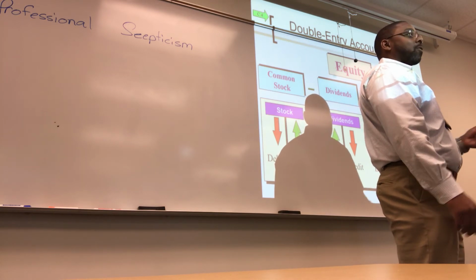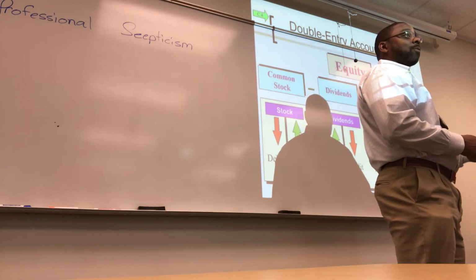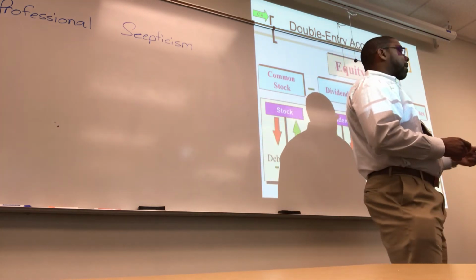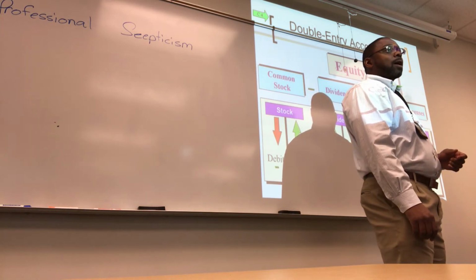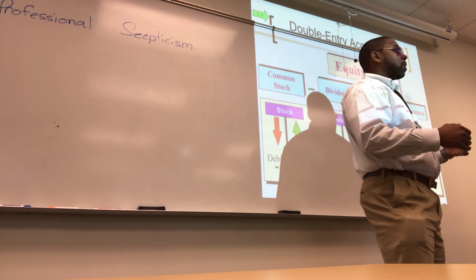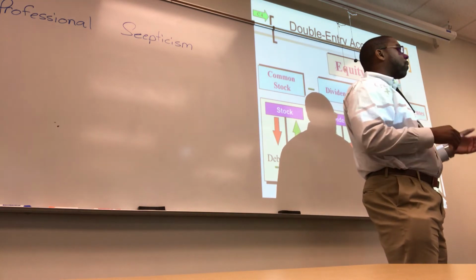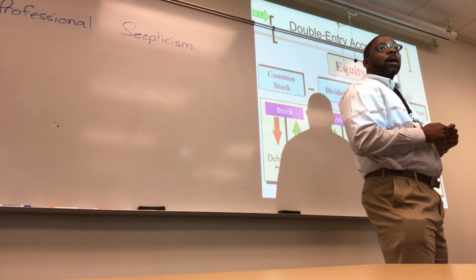He's got to give it to me, right? Everyone with me so far? Robertson has to give me the capital in order for it to be common stock. Can I give him capital and that be represented as common stock as the company? No, right? The capital can only move one way in order for it to be common stock.